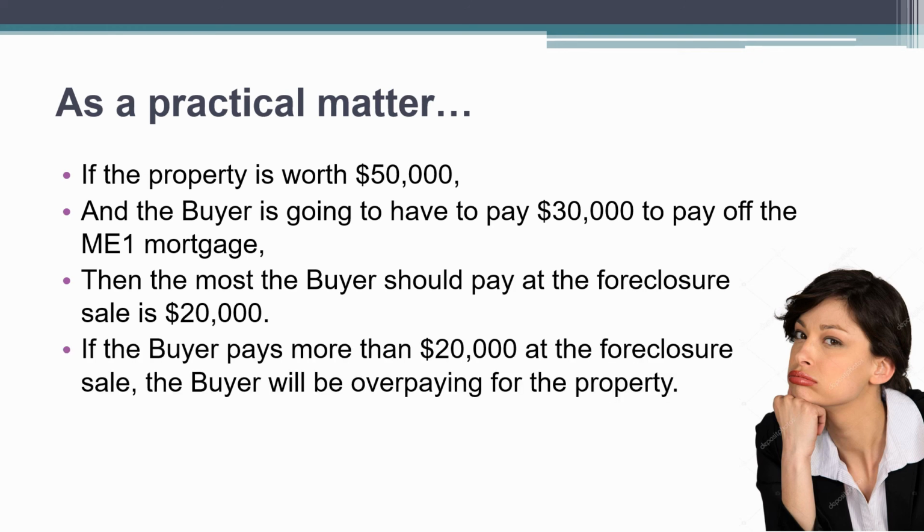If the buyer pays more than $20,000 at the foreclosure sale, the buyer will end up overpaying for the property. You can state the rule in general terms. Anyone who buys at a junior mortgage foreclosure sale should discount their bid by the amount of the balance owing on any senior mortgages, senior in priority to the one who is foreclosing. If they don't, they'll end up overpaying for the property.